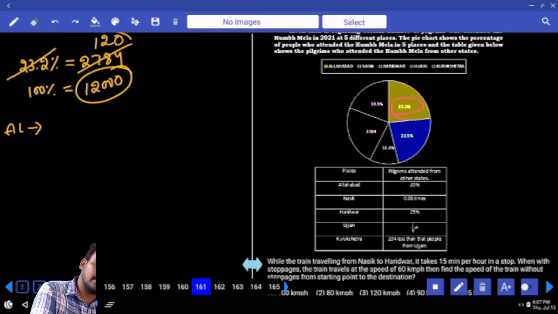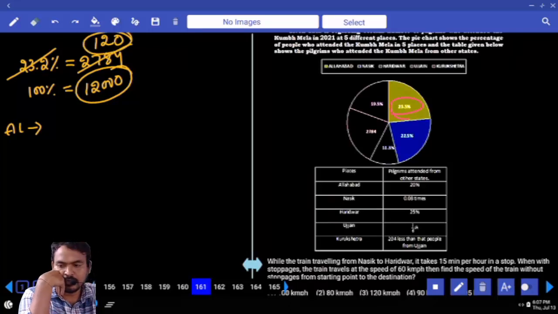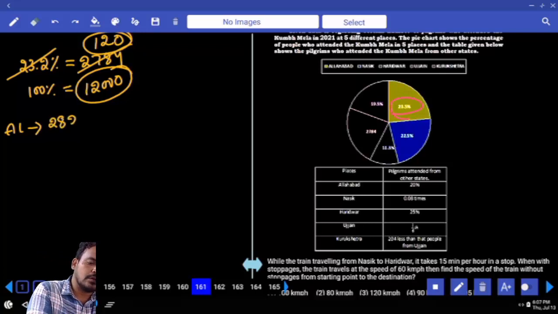What is the 1% value? 120. 20%, how much? 2,400. Again, how much percent is added? 3.5%. What is the 3%? 360. 0.5%, 60. Total it is 420. Already 2,400 plus 420 is 2820.